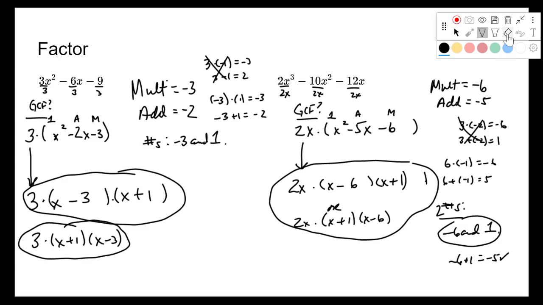Now, you may be asking yourself, well, what if it says x cubed minus 4x plus 2? Or plus 4, let's say. Well, then you can't factor it right now. This can't be factored right now.